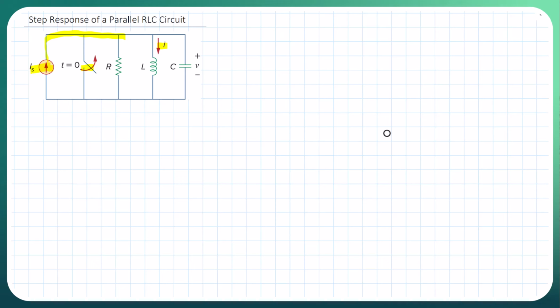At t greater than 0, we want to apply KCL at the top node. What we'll see is we have V over R plus I plus C dV over dt is going to equal the source current.